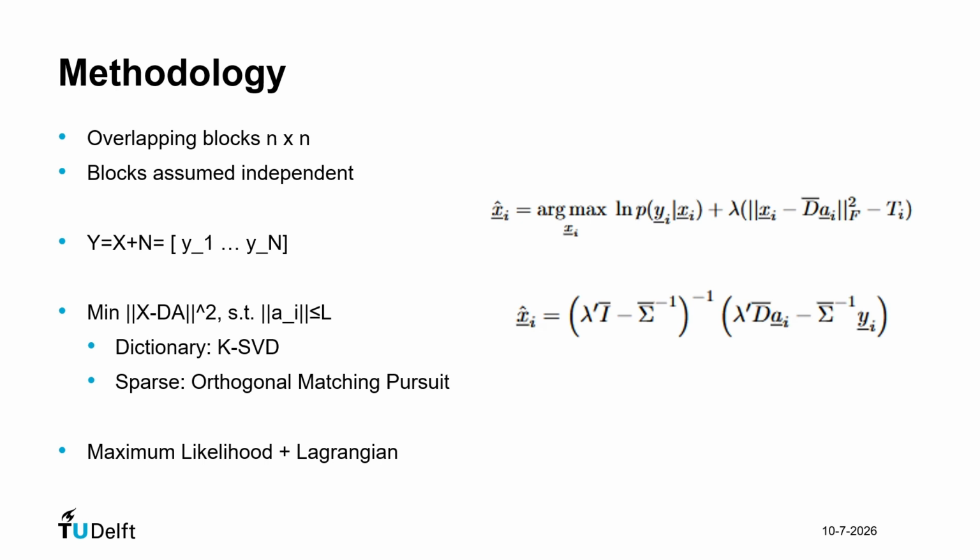So over here we also have the optimization equation for block i of X, which is as follows. And then this leads to a closed form solution below, and this will be iteratively used alongside the KSVD method.